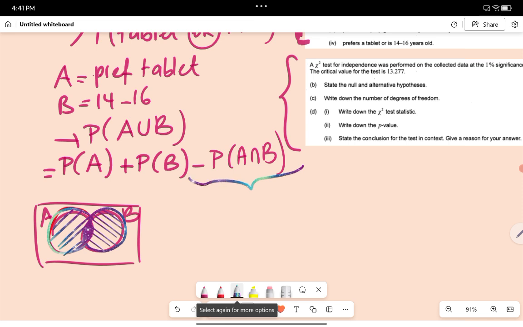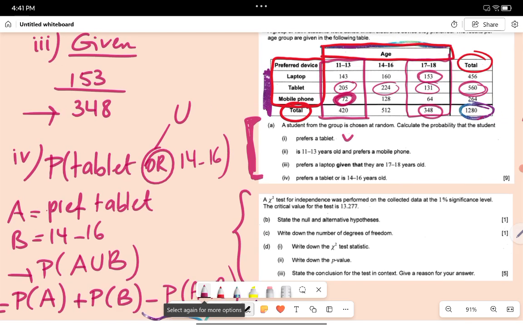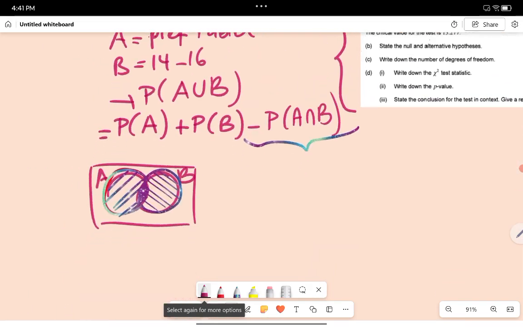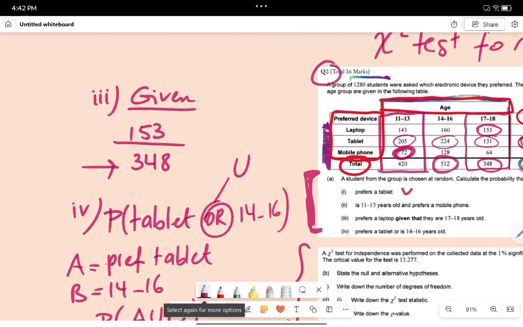You see? So basically what we do, we have to look at the probability of preferring a tablet, and that is 560 out of 1280, and then we add the probability of being between 14 and 16, that is 512 out of 1280, and then we have to subtract the intersection. So what is the probability of A, preferring a tablet?